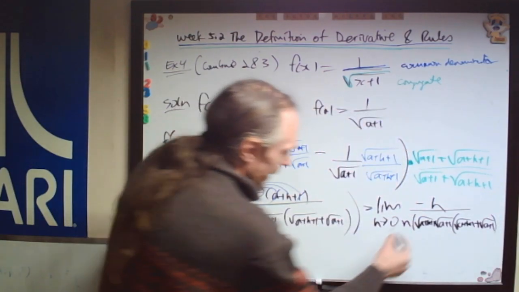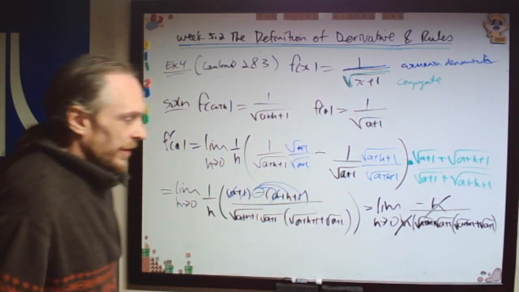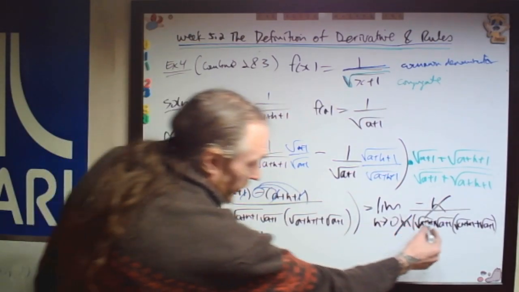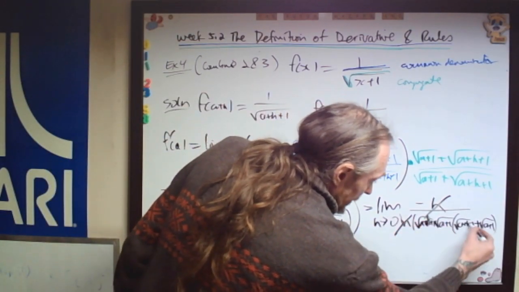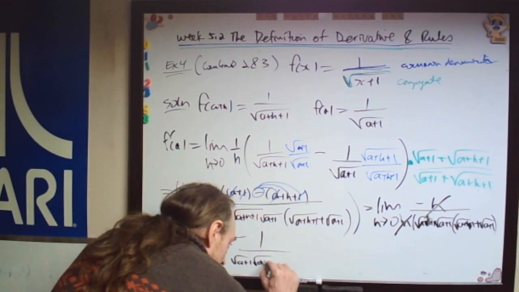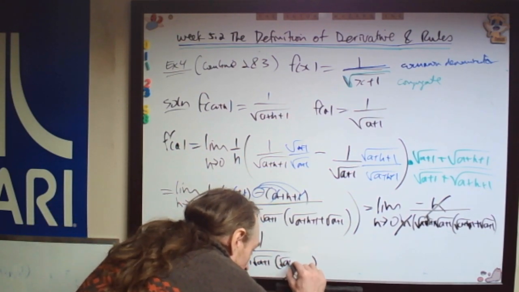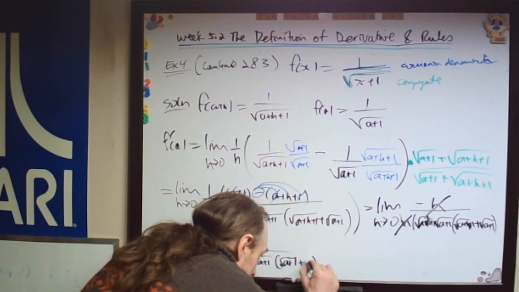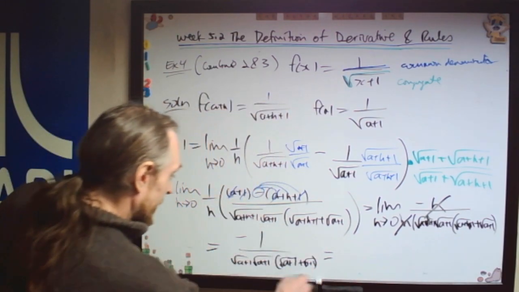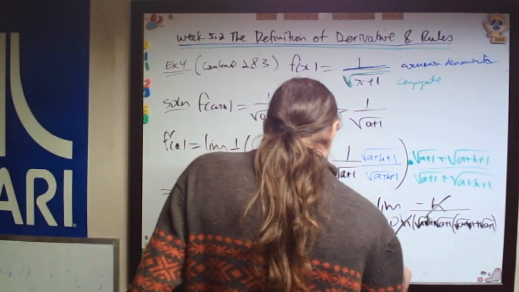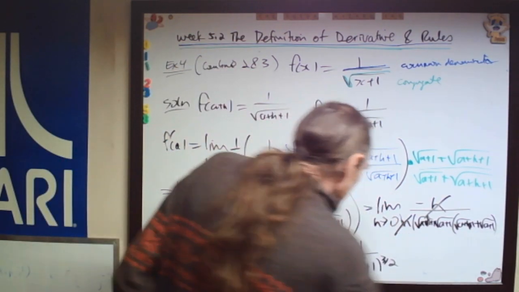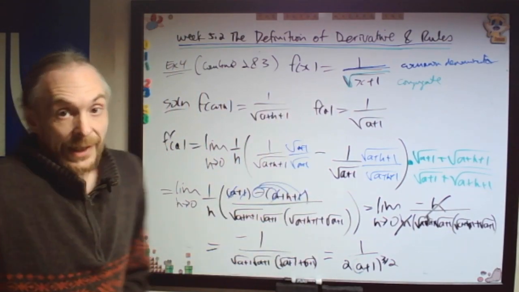I really didn't want to do that, but the h's cancel now, which equals, I'm going to just write the answer, negative 1 over, what do we get now? h is going to 0, so we get root a plus 1 times root a plus 1 times root a plus 1 plus root a plus 1 when the h's go to 0, which gives us what? That's 2 of them. So we're going to get negative 1 over 2 times a plus 1 to the 3 over 2. If you check, that's the number we get.